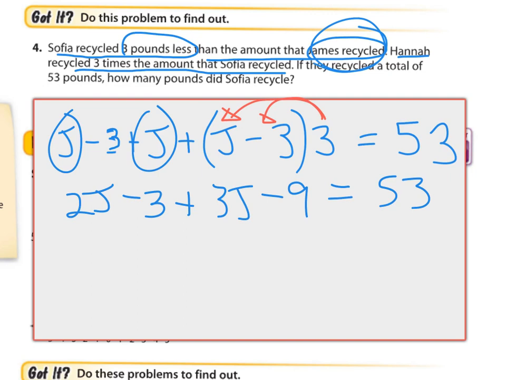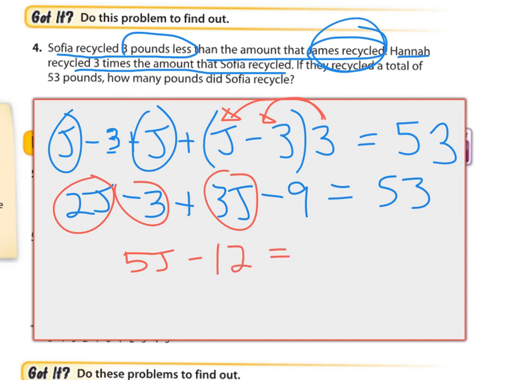I can continue to consolidate these, and I have 2 j's plus 3 j's equals 5 j's, and then I have negative 3 and negative 9 equals minus 12, right? Minus 12 equals 53. Now this looks like it's easier to work with, right?